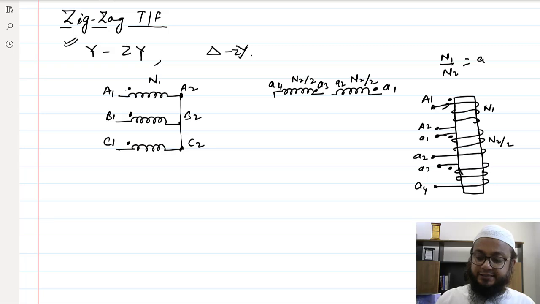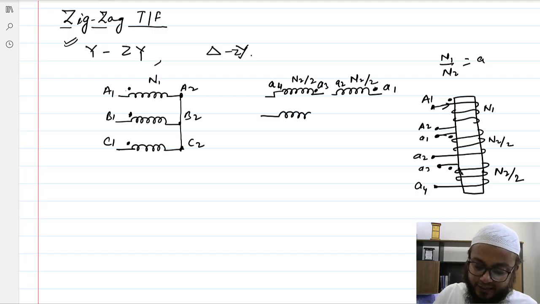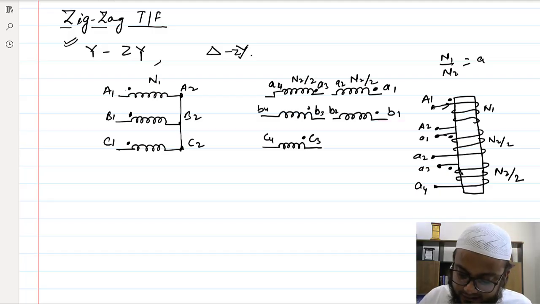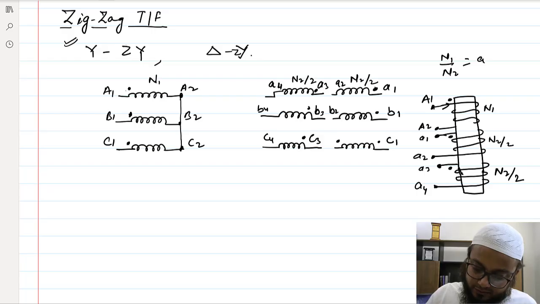These windings are for one phase that I have shown. Similarly, this is N2 by 2, so the secondary winding is split into 2, and similarly for the other phases as well, and similarly C2 here.